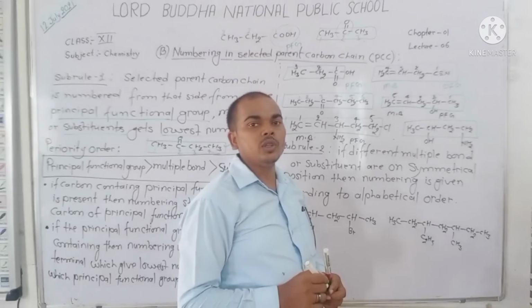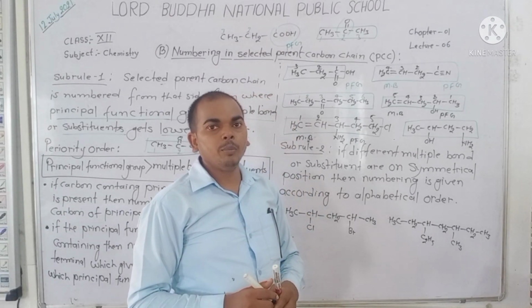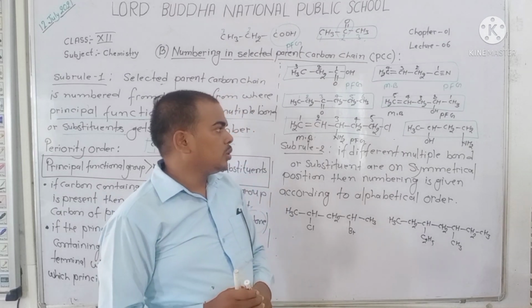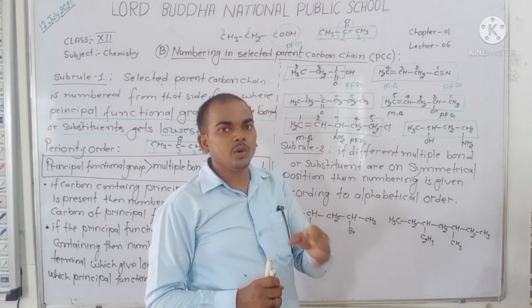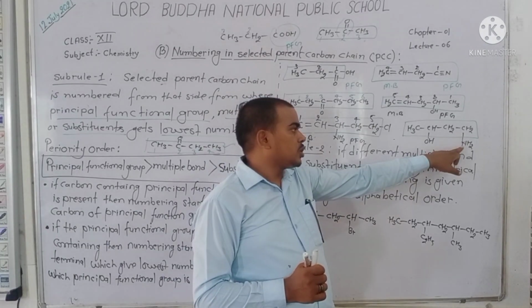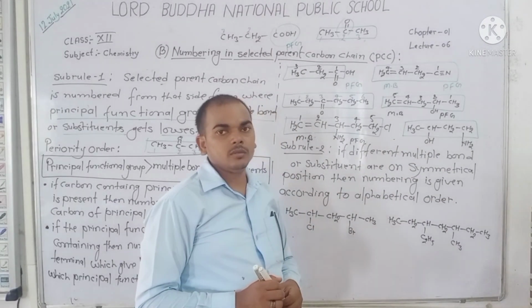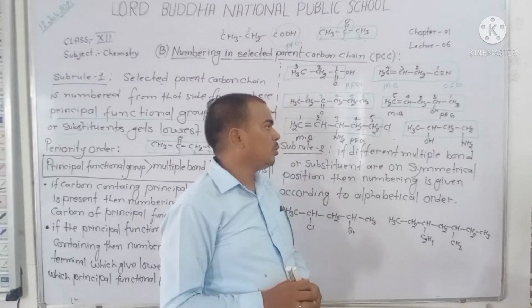Dear student, you know that if you observe the priority order of principal functional groups, note in your notebook the position of NH2 is 6 and the position of OH is 11. That means NH2 has more priority than OH.